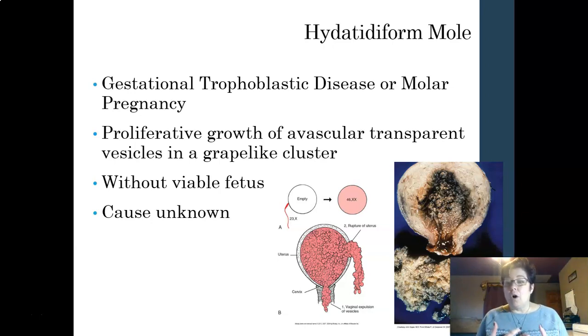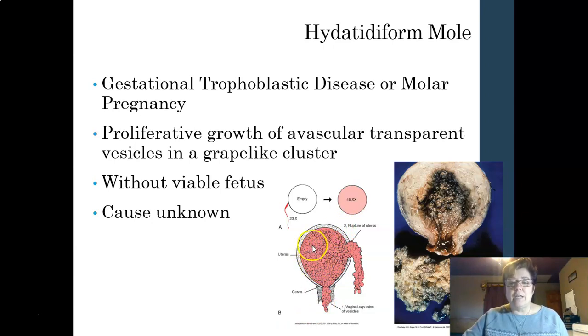We don't know what causes molar pregnancies, and it turns into this fast-growing condition of these vesicles, and they refer to them commonly like a cluster of grapes. And you can see down here where it looks like a bunch of bubbles.